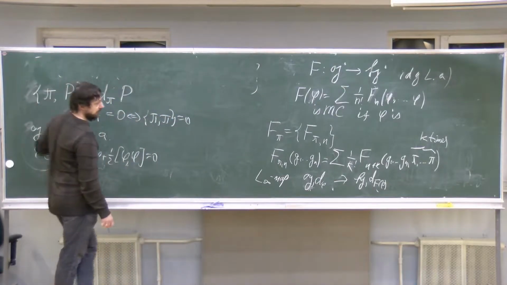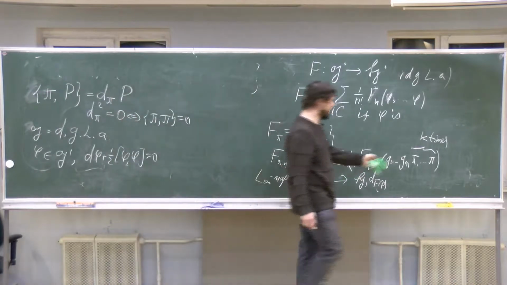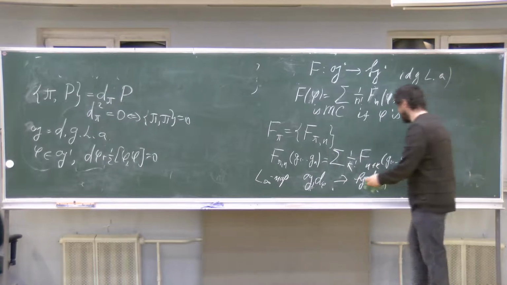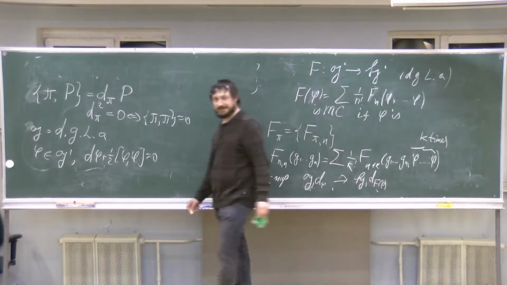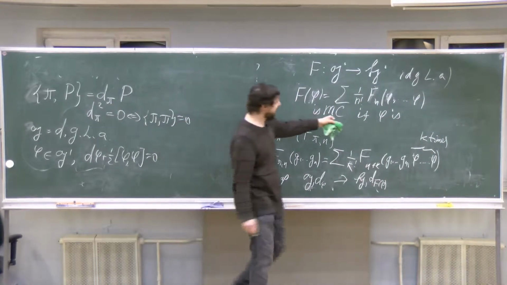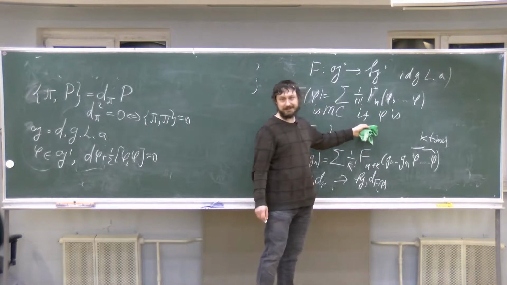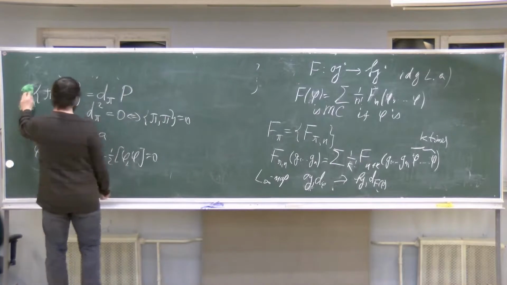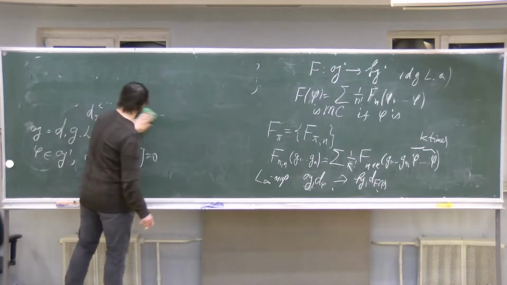Oh, sorry, you're right. I should have written phi. Phi is a generic Maurer-Cartan element. And pi used to be just a bivector, and a bivector plays precisely the role of a Maurer-Cartan element.